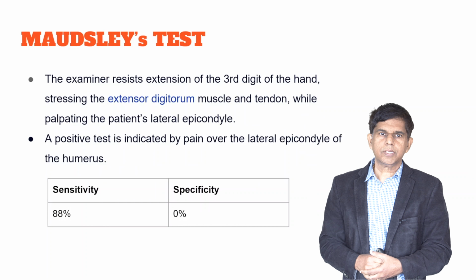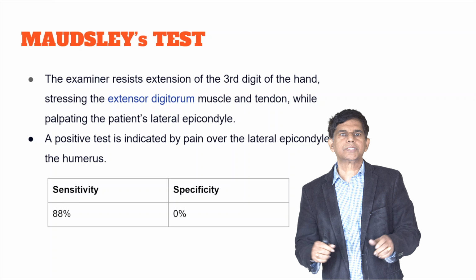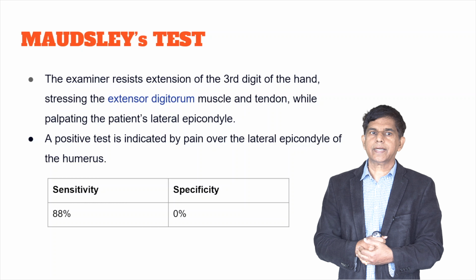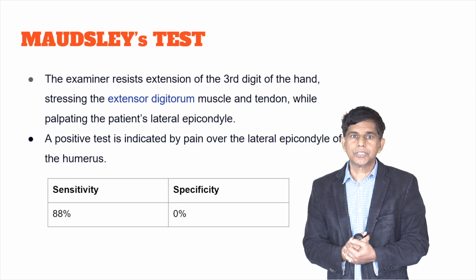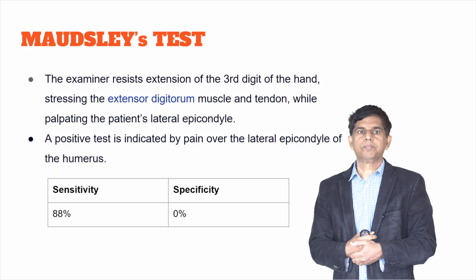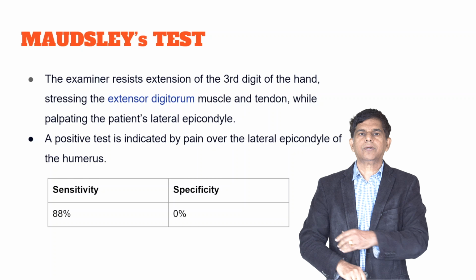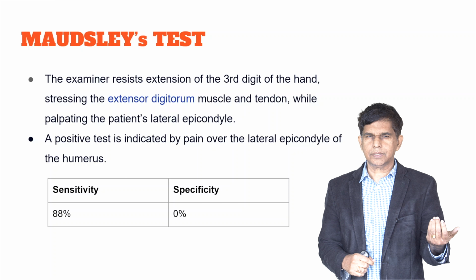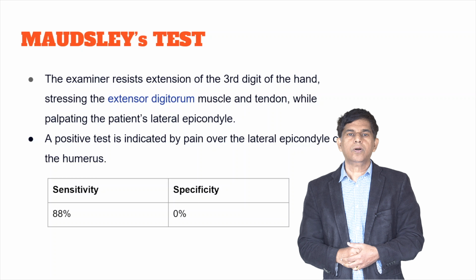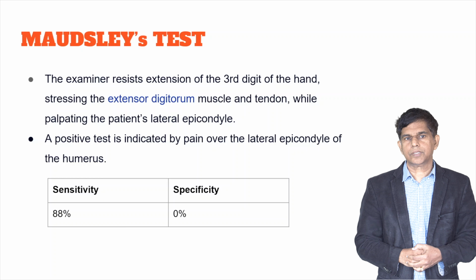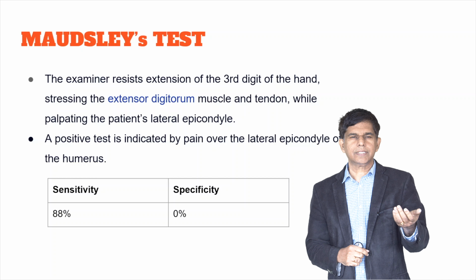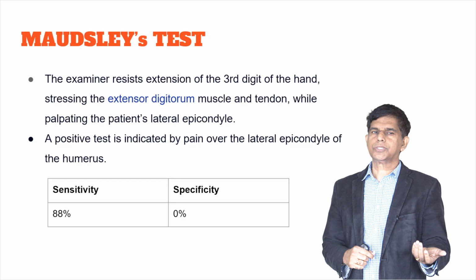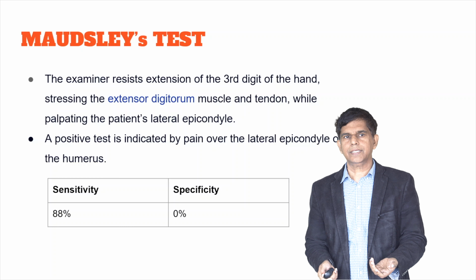Now, when you talk about the Maudsley test, the examiner resists the extension of the third digit of the hand, stressing the extensor digitorum muscle tendon while palpating the patient's lateral epicondyle, okay? A positive test is when you feel pain over the lateral epicondyle of the humerus. Specificity is almost 0, but sensitivity is about 88%.